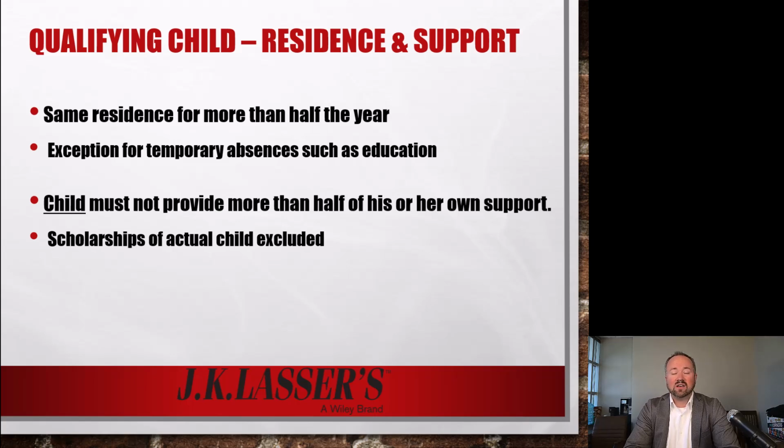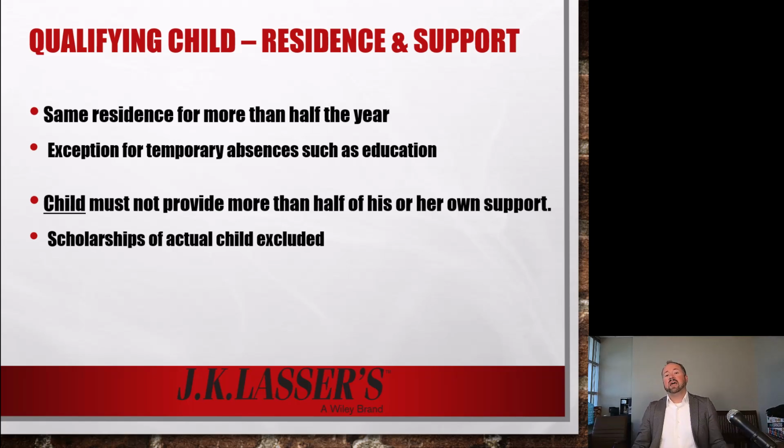At least 1 day more in order to be more than half the year. Now, there are some exceptions to that. The exception would be for temporary absences, such as a dependent child going off to college where they live in the dorm, but their intention is to come back home during the summer months or during holidays, right, when school is not in session. That's the residence test.